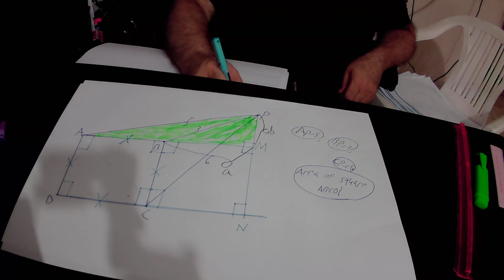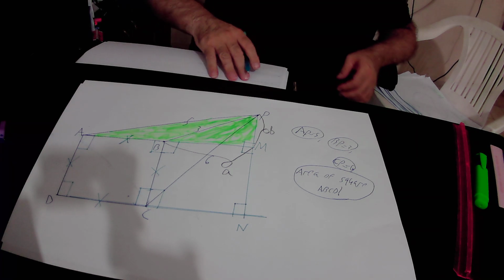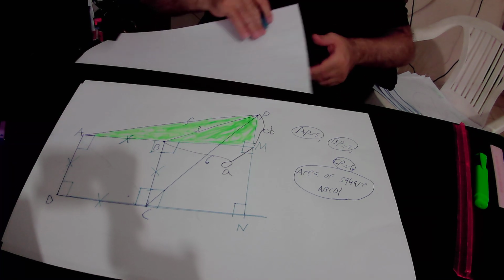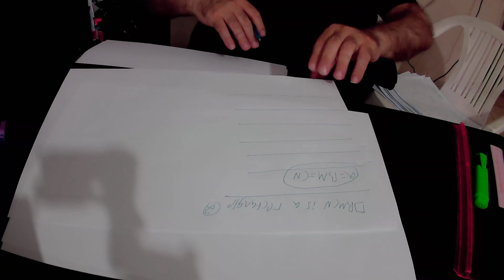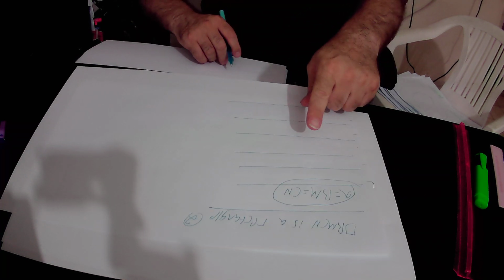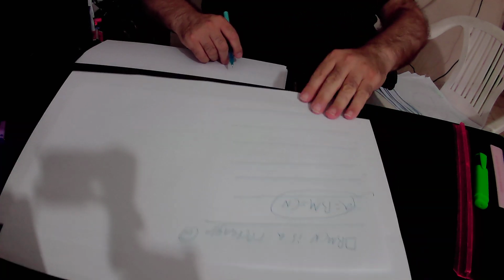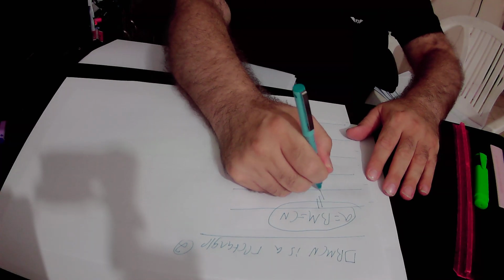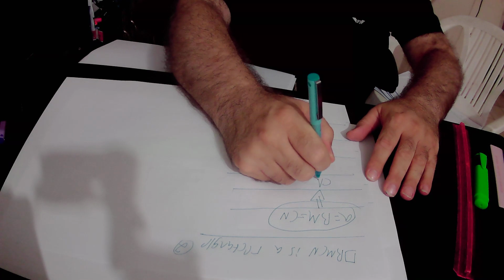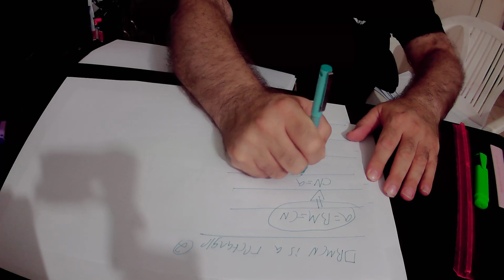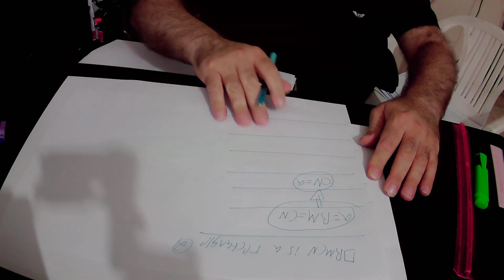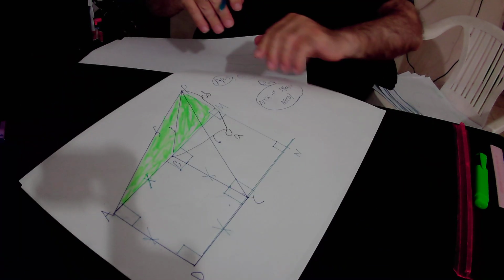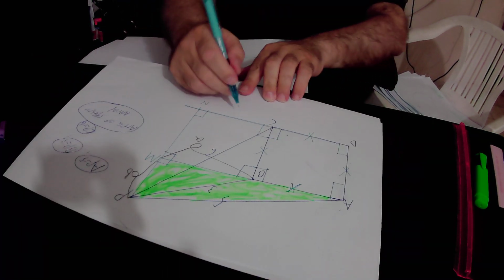So we can write here BM equals A. And from this equation, A equals BM equals CN, we derive that CN is also equal to A. We can write down that CN equals A.